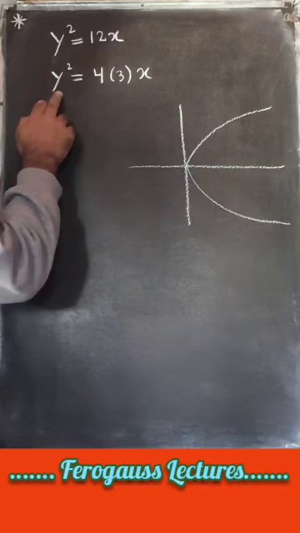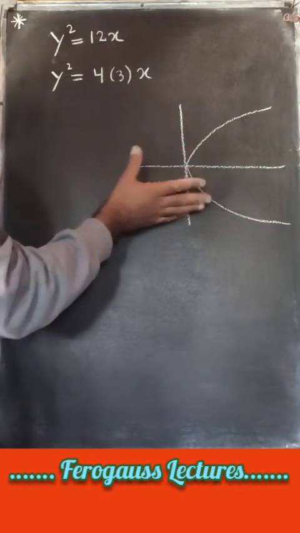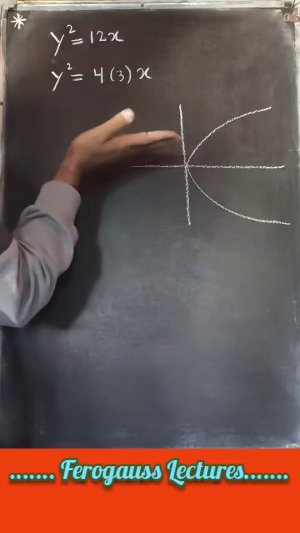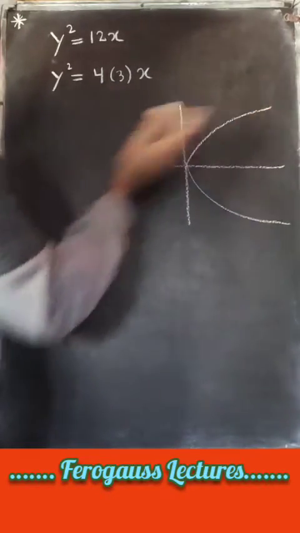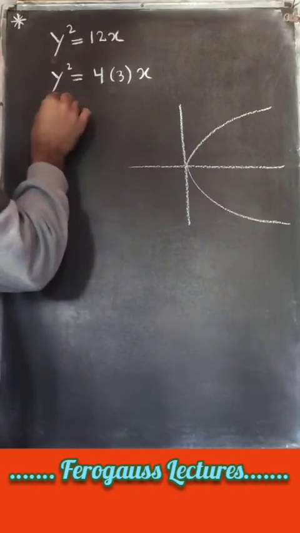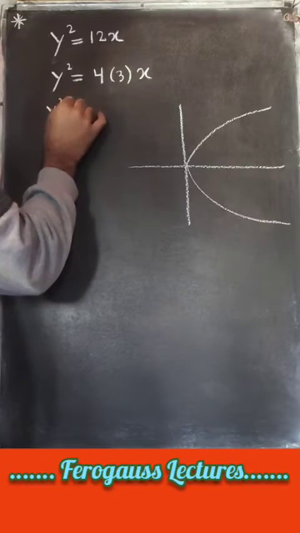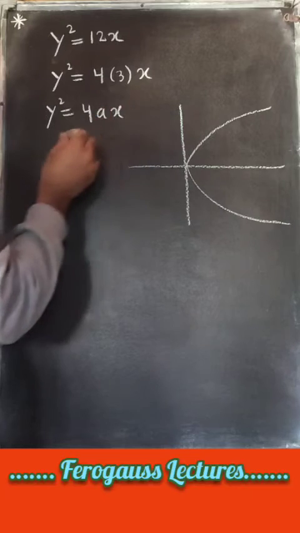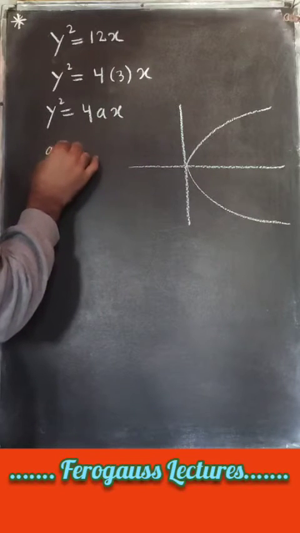Here we have y square, so it is symmetric about x-axis, and also this is positive, so its axis is along positive x-axis. Now if we compare this parabola with y square equal to 4ax, then we have a is equal to 3.